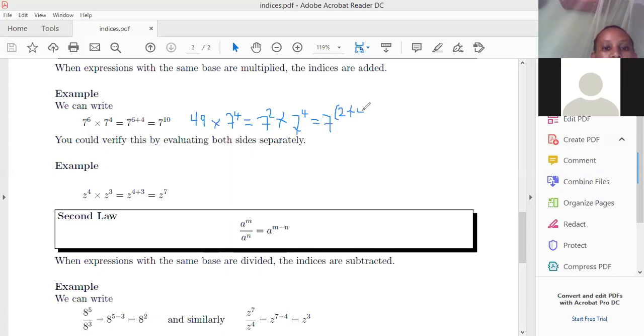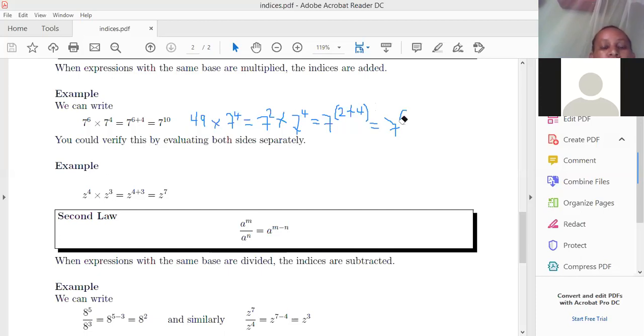And we can't leave it like this. Remember, you have to maintain a simplified form of your work as much as possible. So lastly, we'll have 7 raised to the power of 6. And if you can use the calculator, you can now finally provide the answer to that particular problem.